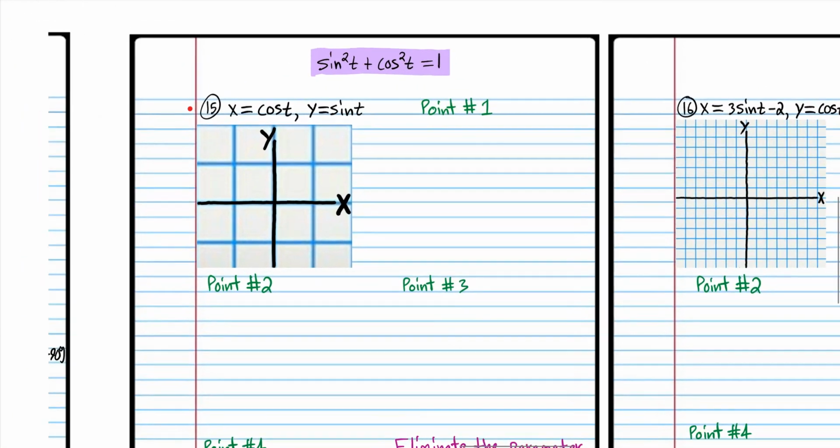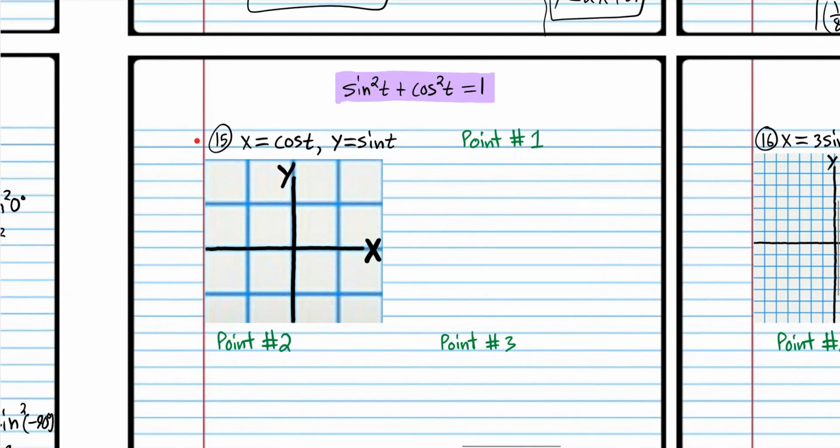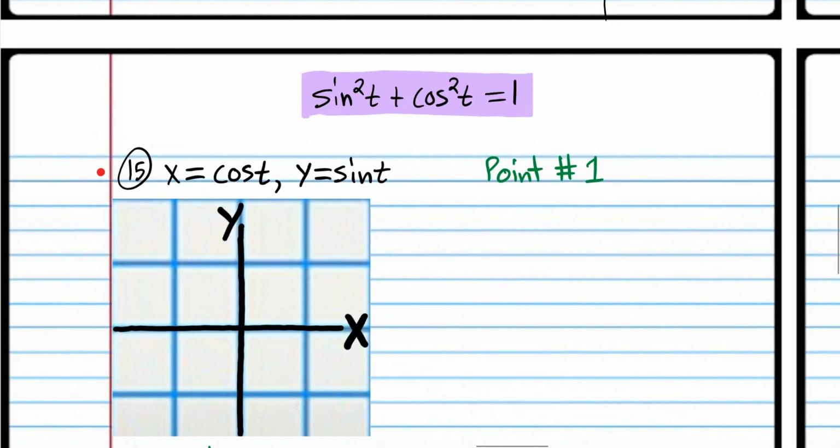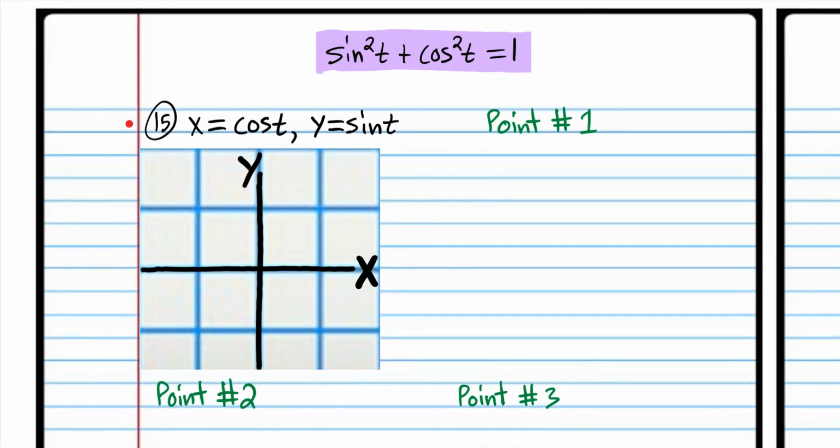So now we're going to do some special problems. Let's go to your calculator, y equals, and enter in our trigonometric functions. X is cosine t, y is sine t. And then we're going to go to the window. We're going to change the window to negative 2 and 2 for x and negative 2 and 2 for y.